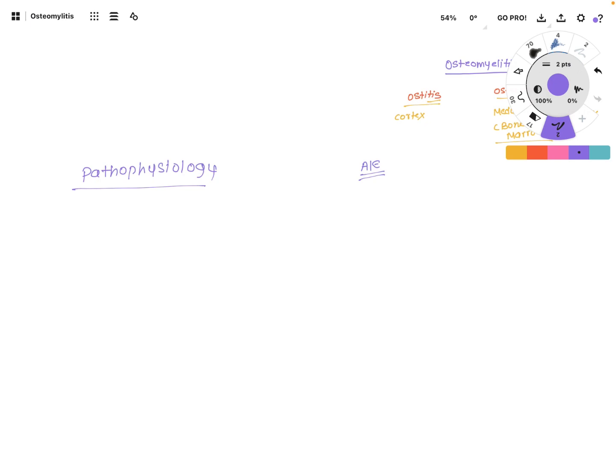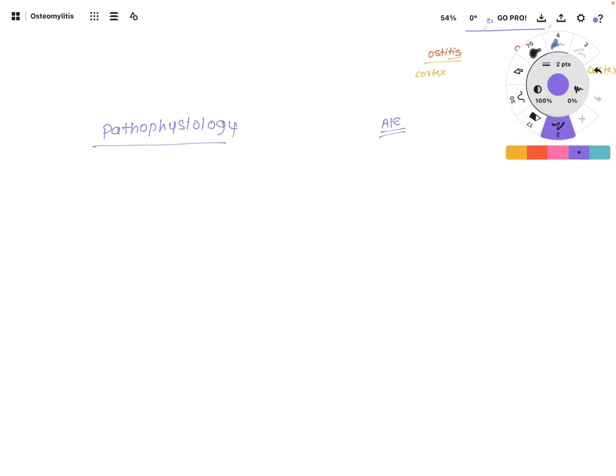We know that it's inflammation, it starts with a bacterial infection, right? Because of certain causes, the bacteria travel to the jawbone, so there is bacterial infection.